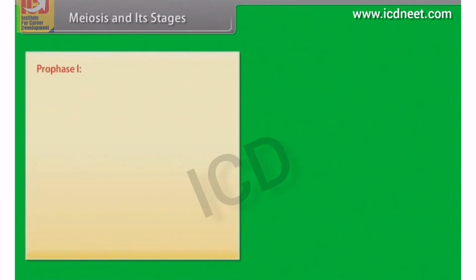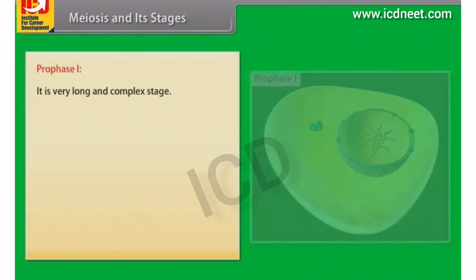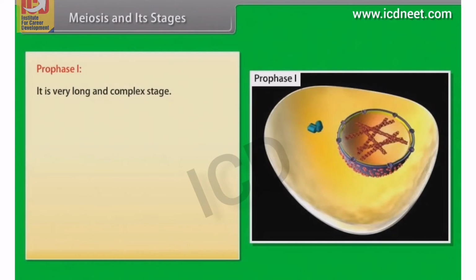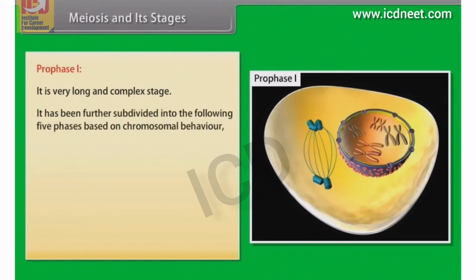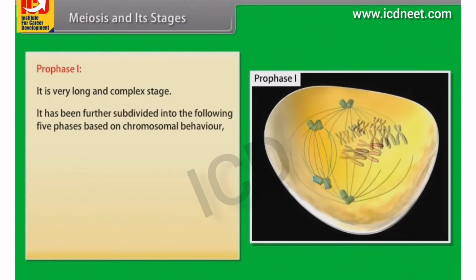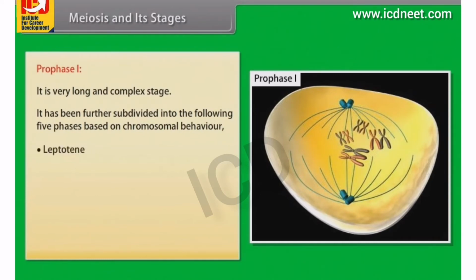The first stage of meiosis I is prophase I. It is very long and more complex in comparison to the prophase stage of mitosis. It has been further subdivided into the following 5 phases based on chromosomal behavior, that is, leptotene, zygotene, pachytene, diplotene, and diakinesis.